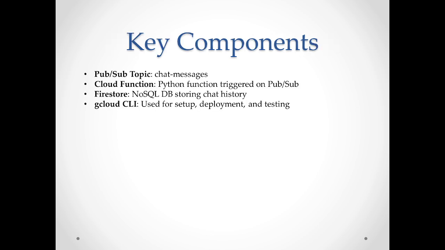So key components are: we'll build a Pub/Sub topic, we'll write a Cloud Function, we'll store the data in Firestore, a NoSQL database, and we'll use the gcloud CLI or gcloud commands to do the setup, deployment, and testing.